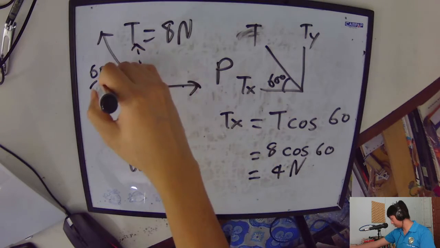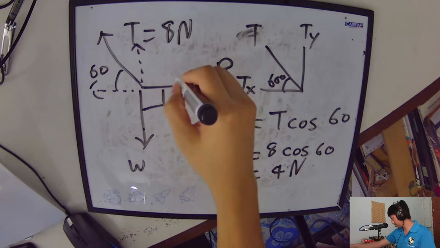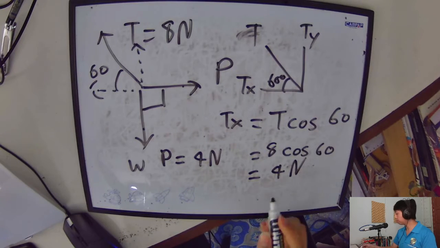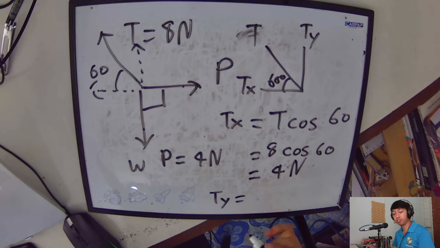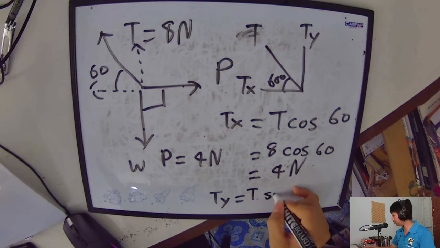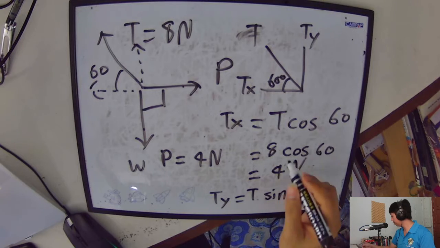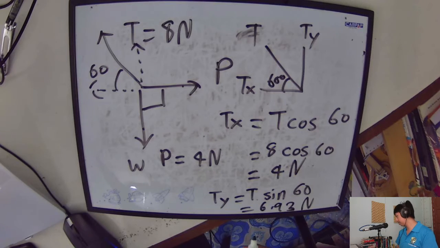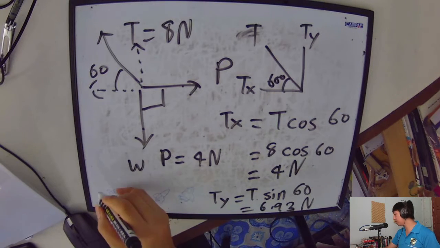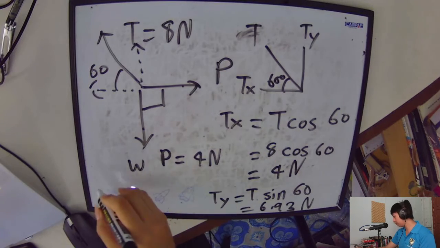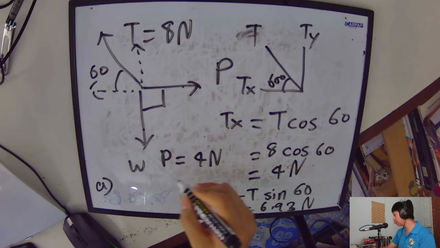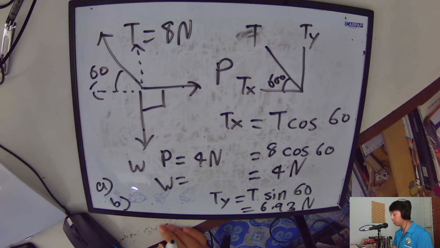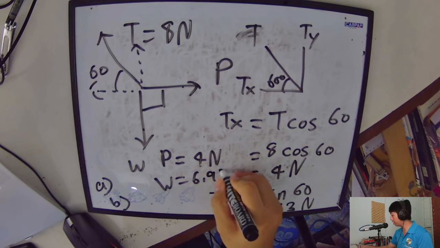So that is P. Therefore, P equals 4 newtons. Ty equals T sin 60, which equals 6.93 newtons. So from there we can state that for A, P equals 4 newtons, and for B, W, the weight of the lamp, is 6.93 newtons.